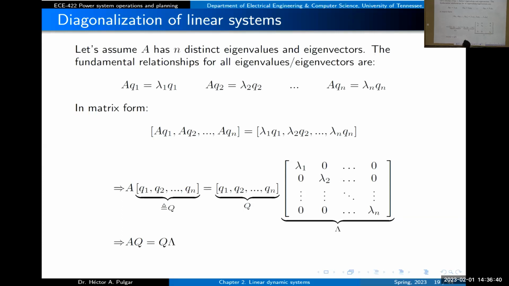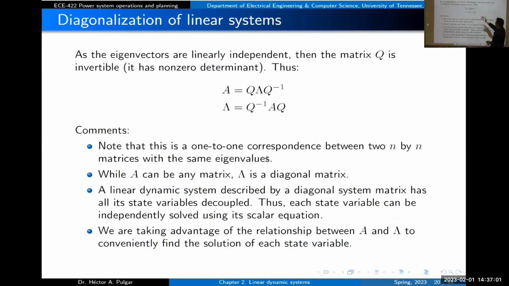The same thing I can do from the left. I can multiply by Q inverse from the left. So if you do that, you have Q inverse A Q must be equal to lambda, because Q inverse Q is the identity. So by doing that, because Q is invertible, we establish these two relationships. Yeah?